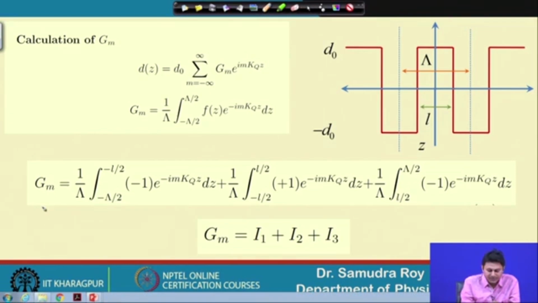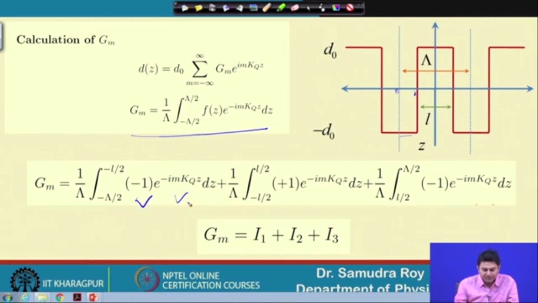So, now we will find out what my G_m is. G_m is defined by this. We will integrate part by part. First we integrate from minus lambda by 2 to minus L by 2, where the value is minus 1, because I have already put d0 outside. So, the function here is basically minus 1, and we put minus 1 times e to the power i m k_z z.